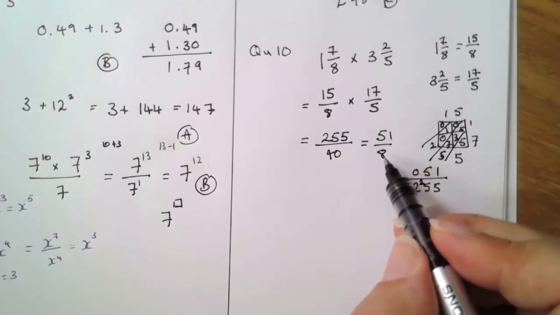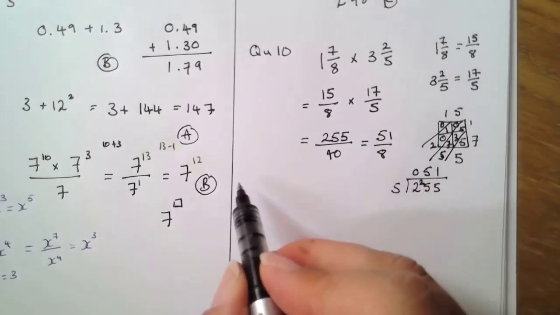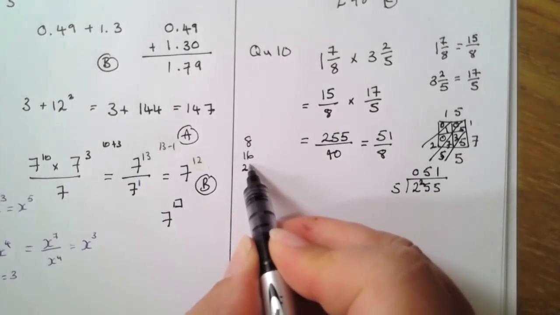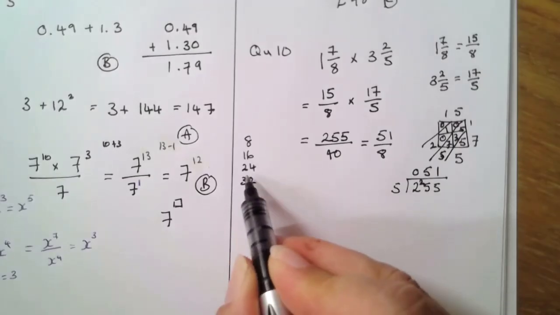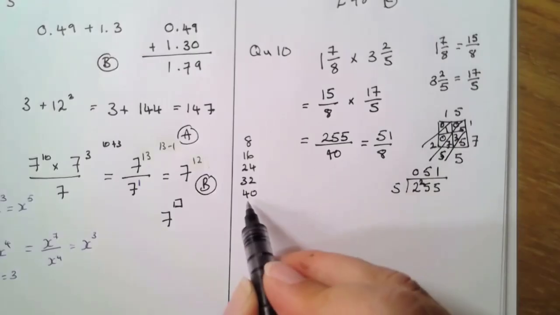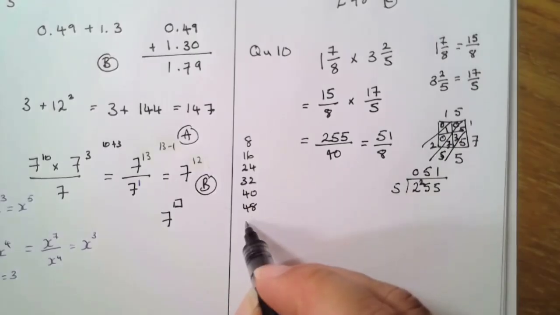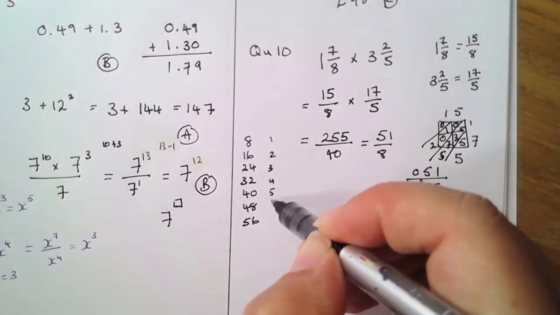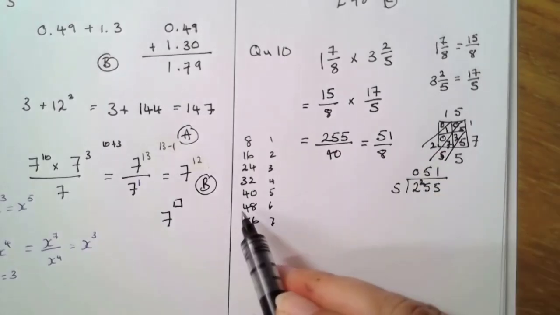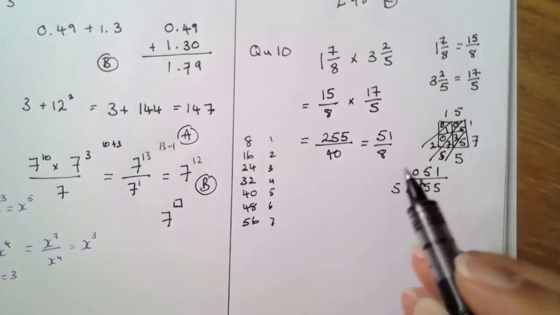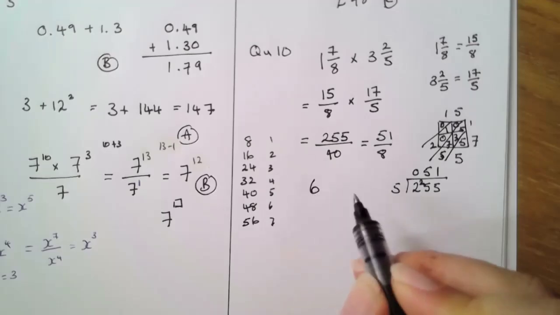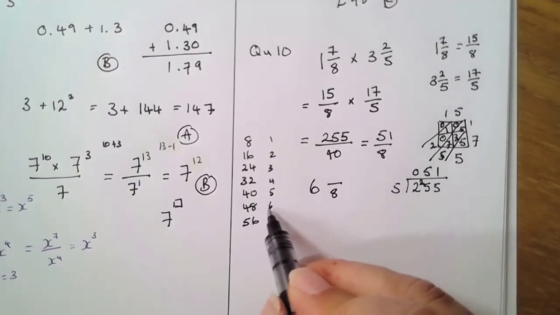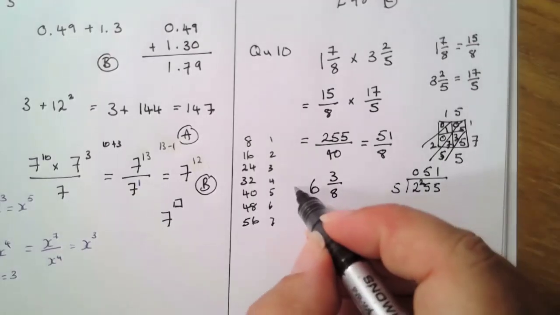And therefore what I now need to do is how many 8s go into 51. I could write my 8 times table down the side of the page. 8, 16, 24, 32, 40. I'm still not up to 51. 48 and 56. Okay. 1, 2, 3, 4, 5, 6, 7. 51 is 48, and therefore there are 6. Therefore, we have 6 wholes, and left over after we've got 48, we have 3 8ths.